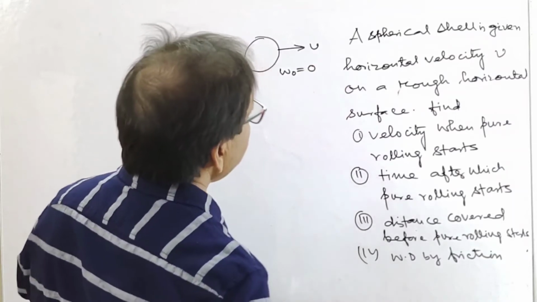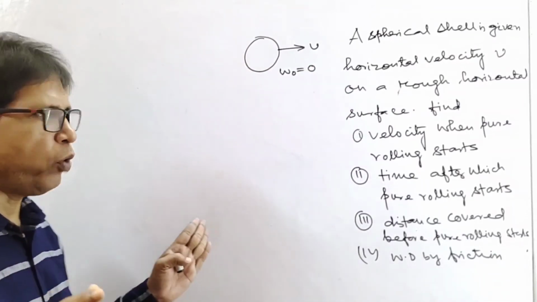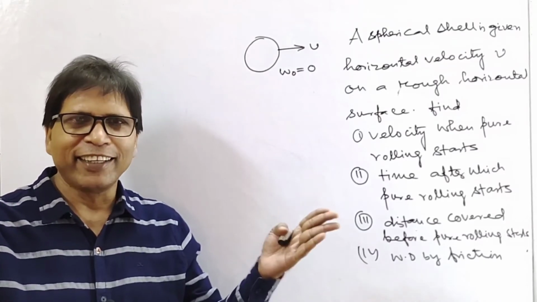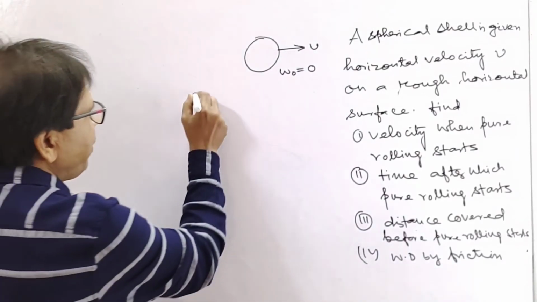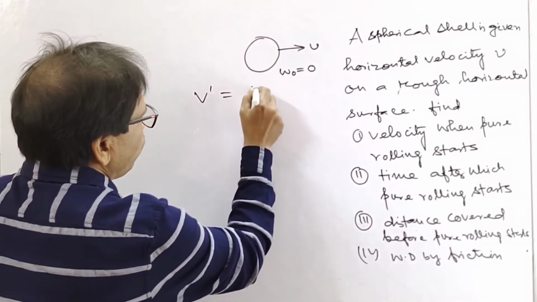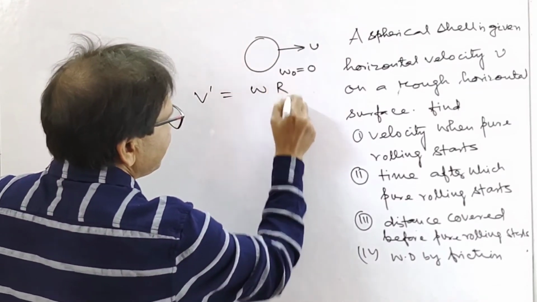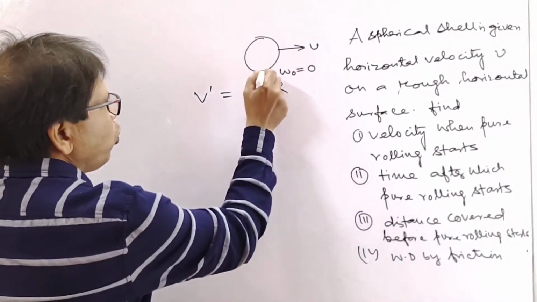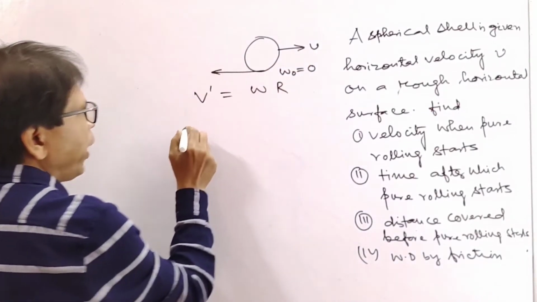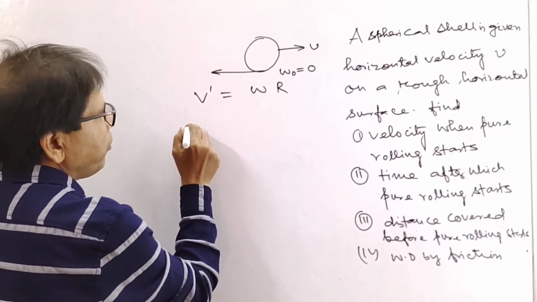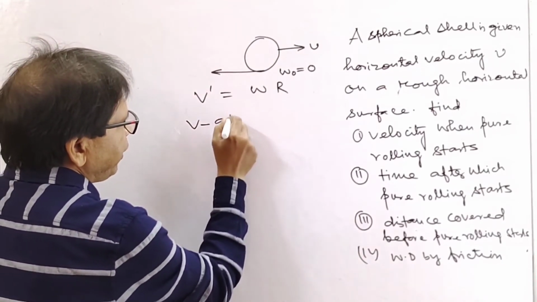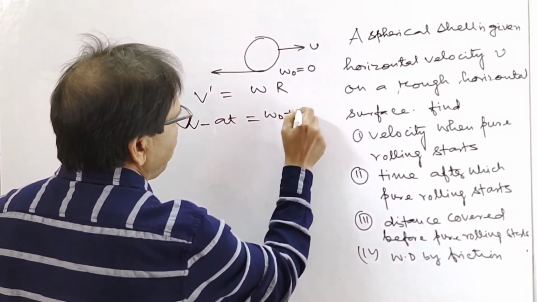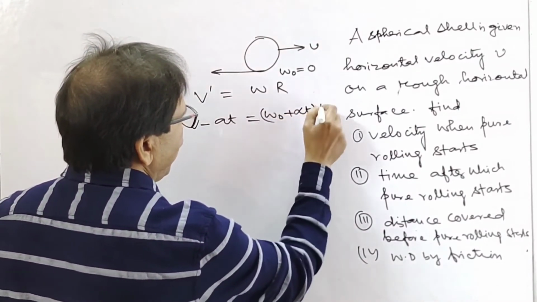Okay, now we have to calculate the time after which pure rolling starts. So look at this, here v dash is equal to omega r. Okay, now here v decreases due to force of friction. So look at this, here v minus at is equal to omega, this is omega naught plus alpha into t, into r.